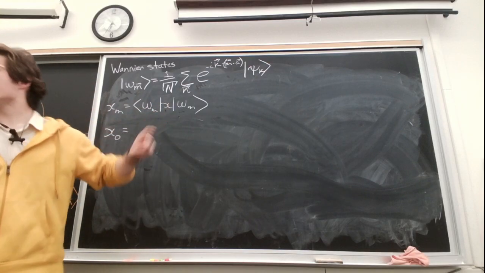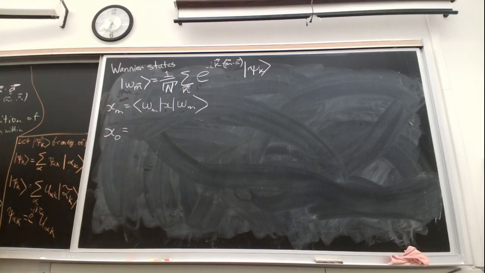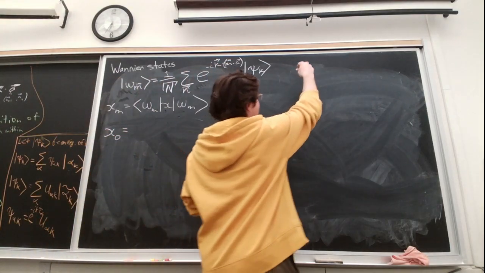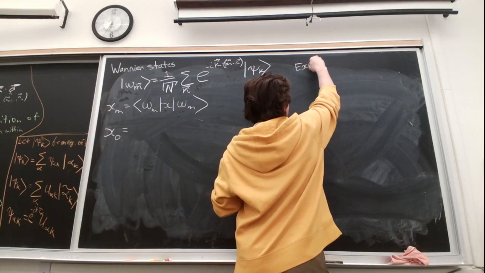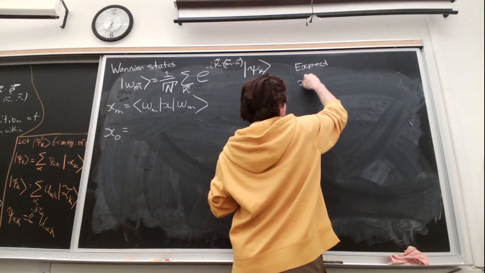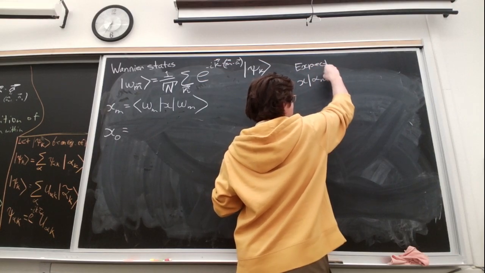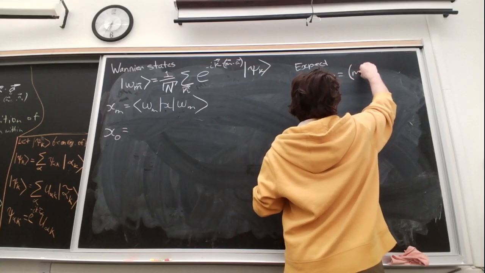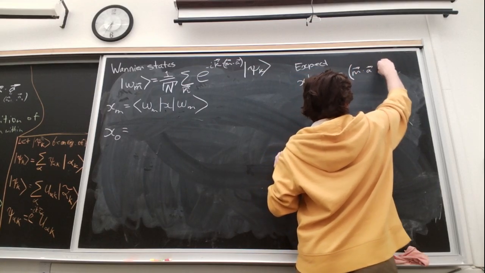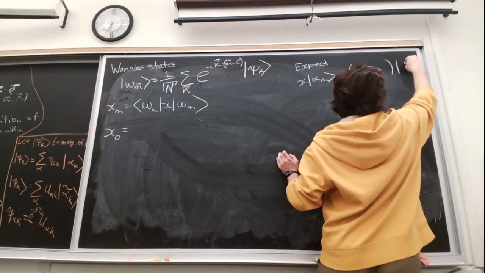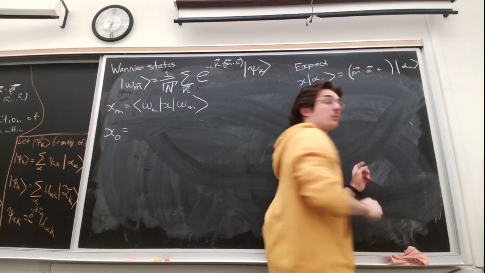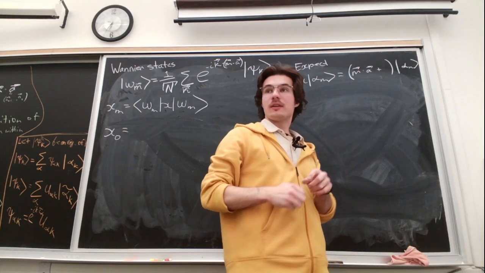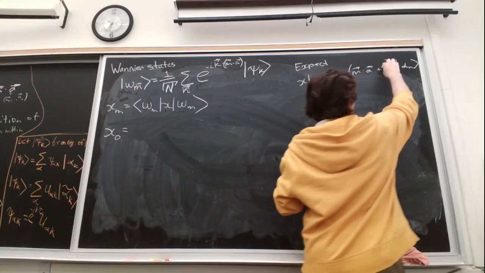I know how x should act on these things, or at least heuristically, I can expect that x acts on alpha m by giving me the mth unit cell plus what? Plus tau alpha, that's right.